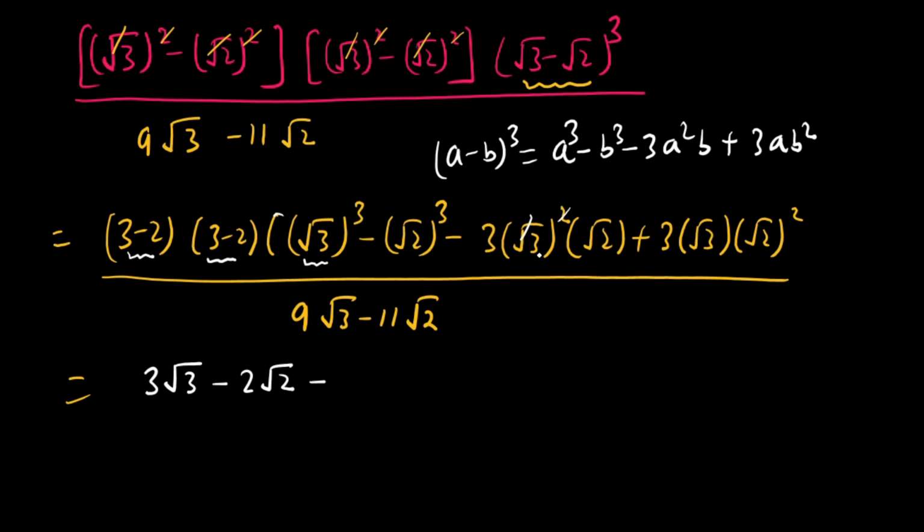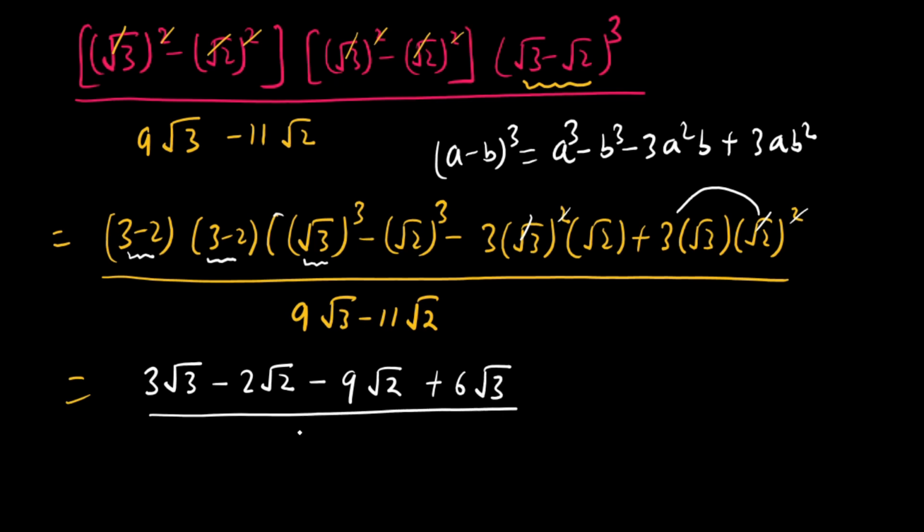Then here 3 times 3, that is 9 times square root of 2, and here this square root is cancelled out by this square. Then this 2 times 3 is 6, so here 6 times square root of 3, and divided by 9 times square root of 3 minus 11 times square root of 2.